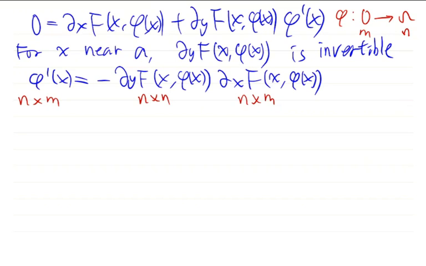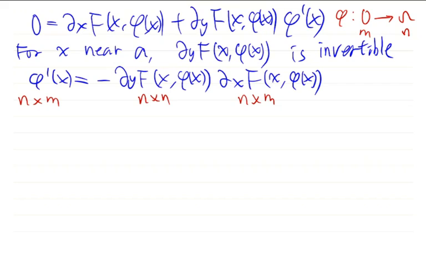Okay. So this is the theoretical formula for the computation of the derivative of the implicitly defined function phi. Of course, it's a vector valued function. But now, this is not the practical method to compute the derivative of phi.